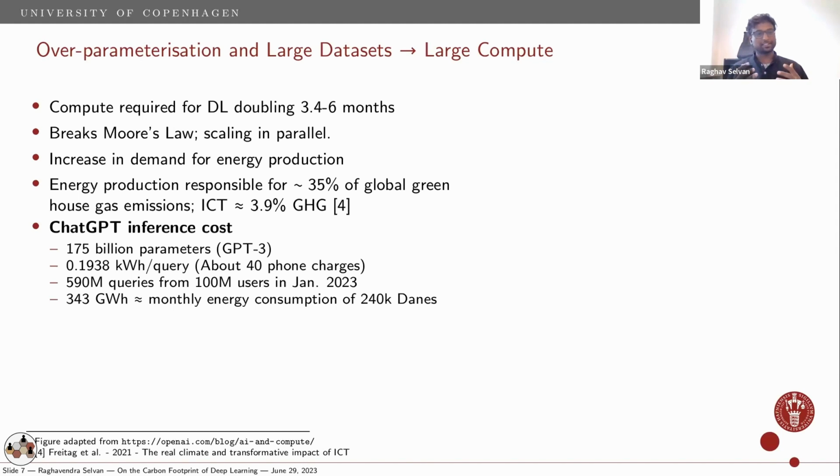This is the stage we are at, because ChatGPT is the most popular of these AI/ML models, and the energy consumption is non-trivial. So if this is the extent to which it is taking up, we need to pay attention to it. Otherwise, this is going to create some negative climate impact, if we want to use this to solve climate change, for instance, or as a tool to facilitate that.